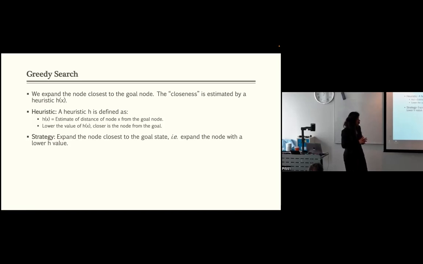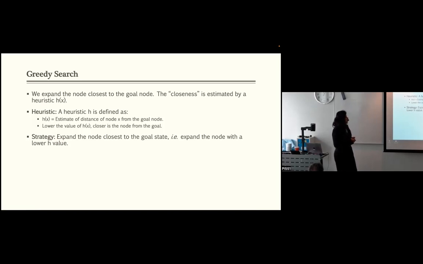A heuristic h is defined as h(x), which estimates the distance of node x from the goal node, like Euclidean distance, Manhattan distance, or any other distance. And the lower the value of h(x), the closer the node is to the goal, like we do in any clustering algorithm.